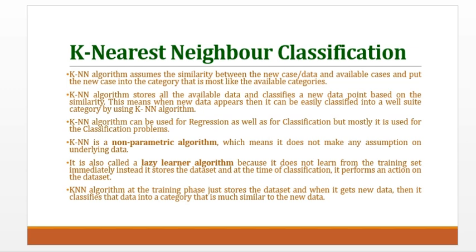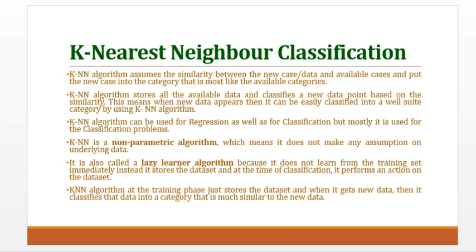It is also called a lazy learner algorithm because there is no explicit training phase, and the computations are performed during the prediction. It is instance based, which means it relies on the entire training data set for making predictions. And it is called non-parametric because it does not make any assumptions on the underlying data.